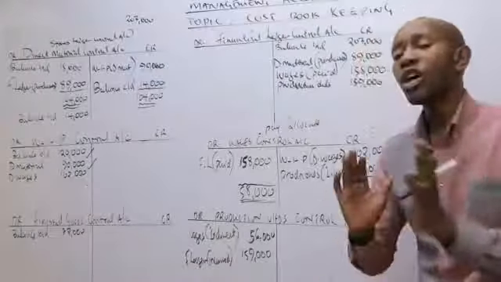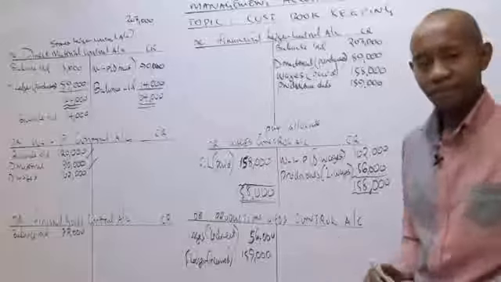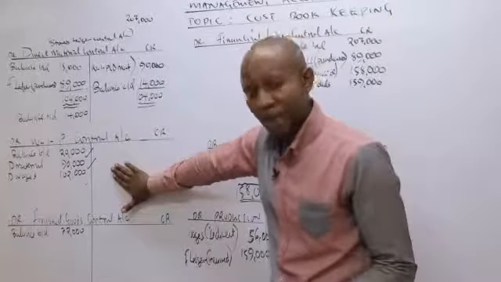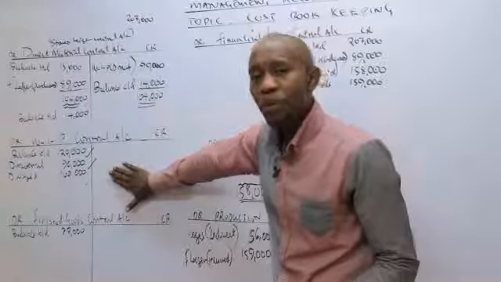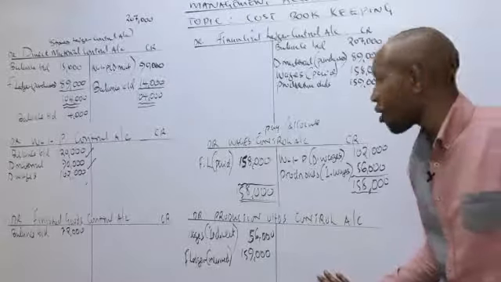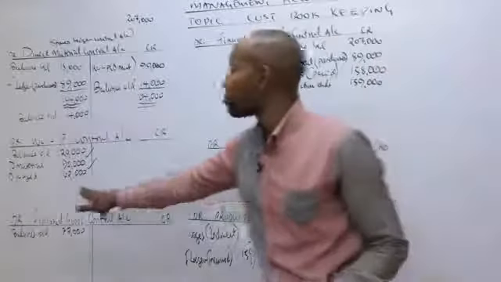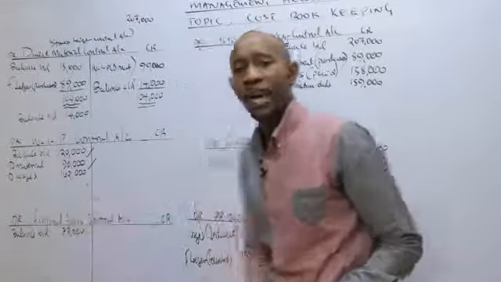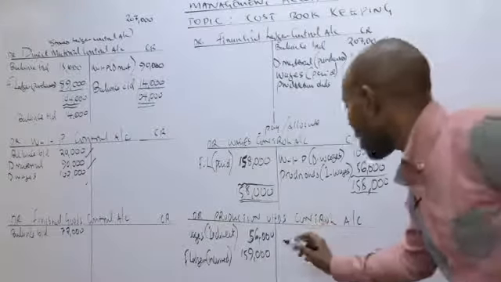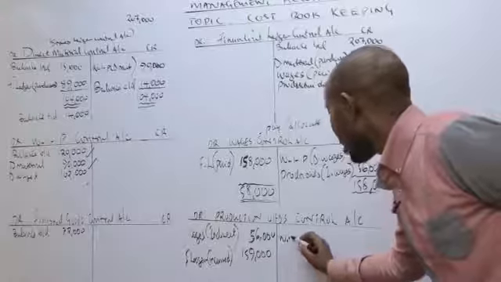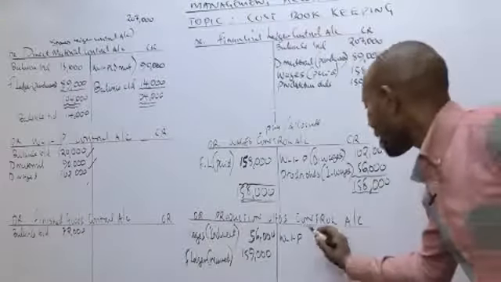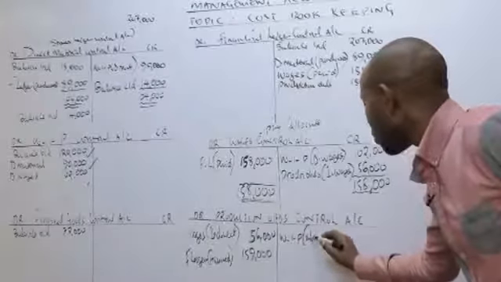However, I don't know how much they were. But because I have details for this account, I can work backwards and determine what was the amount of overheads that were absorbed to this particular account. So I want us to say here now, we say work in progress, and these are overheads that were absorbed.